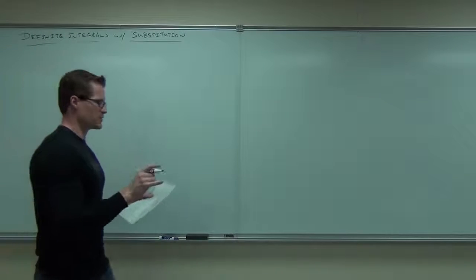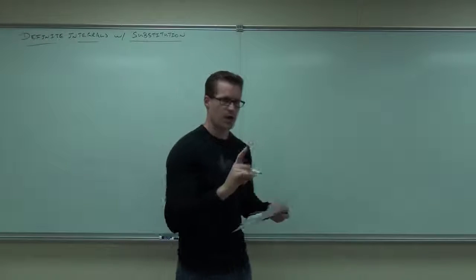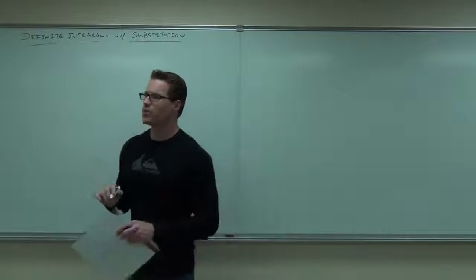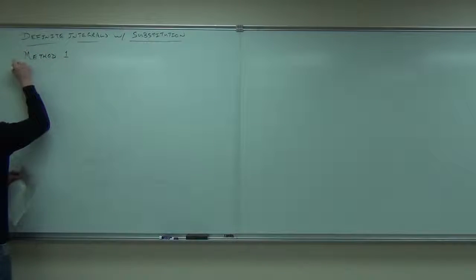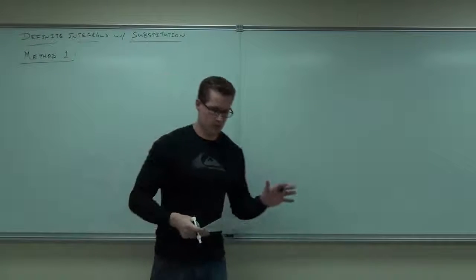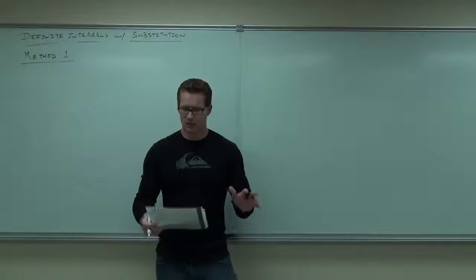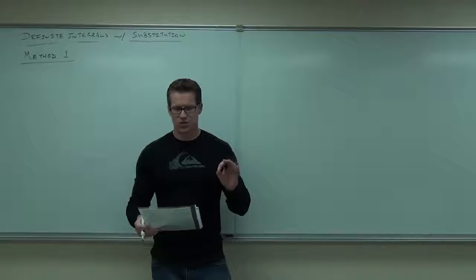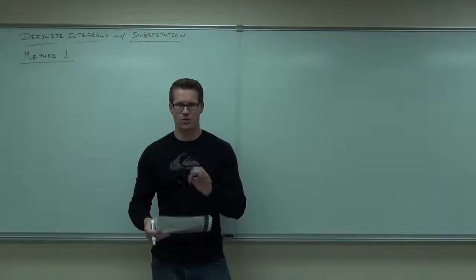There's basically 2 methods. I'll show you method 1 first, and I'll show you method 2. Method 1 says this: you're not going to change your bounds. You're going to do the same exact thing as before, but you're going to be sure to substitute back in for u before you evaluate.